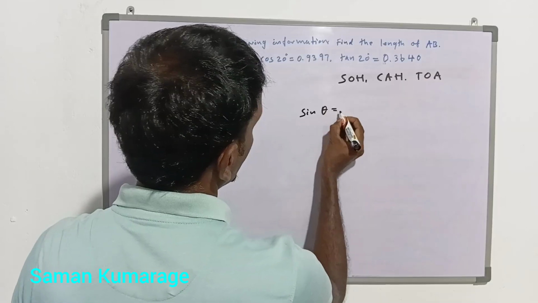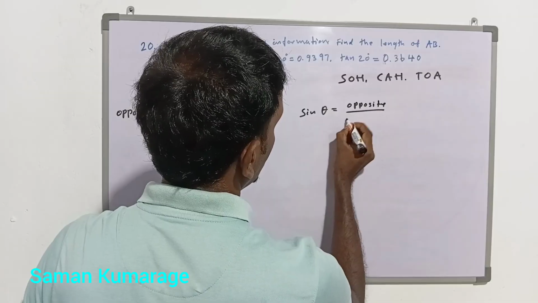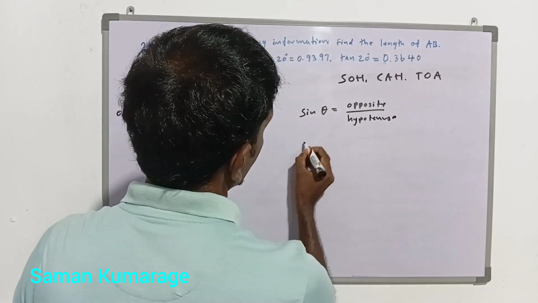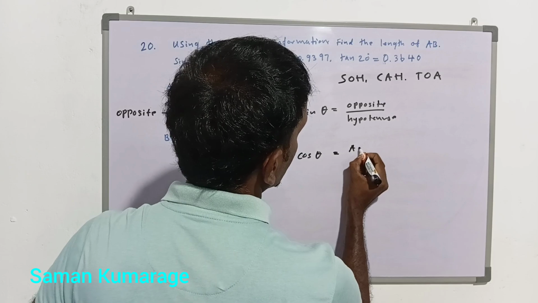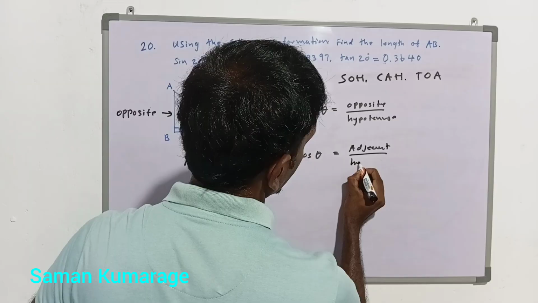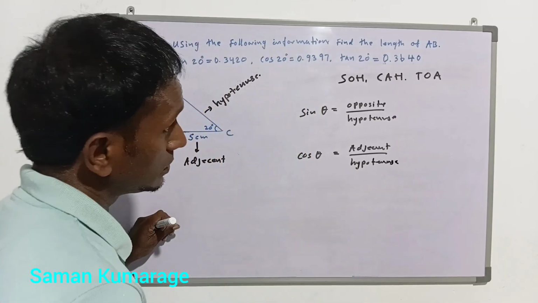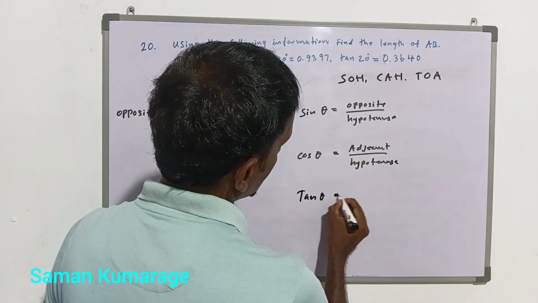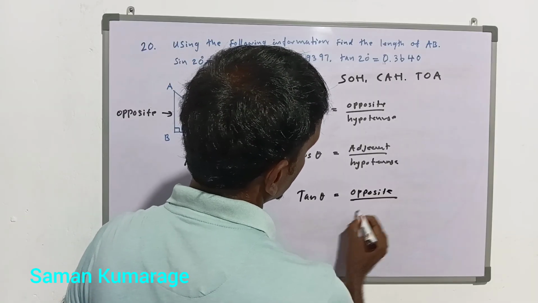Sin theta is equal to opposite divided by hypotenuse. Cos theta is equal to adjacent divided by hypotenuse. And tan theta is equal to opposite over adjacent.